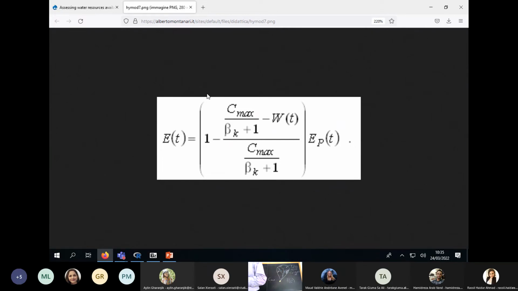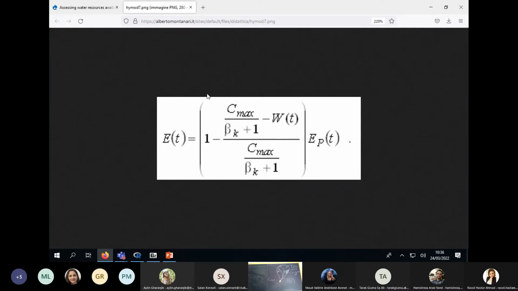How can we estimate evapotranspiration? It's a bit complicated because, first of all, there are some physical models, but basically there is a large empirical basis in any formula. And it's complicated because it's a mix between evaporation and transpiration. And evaporation and transpiration both depend on water availability in the soil.